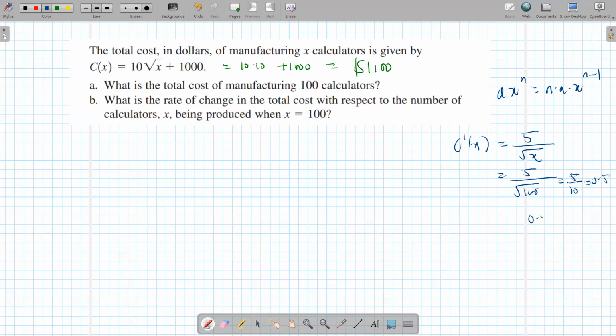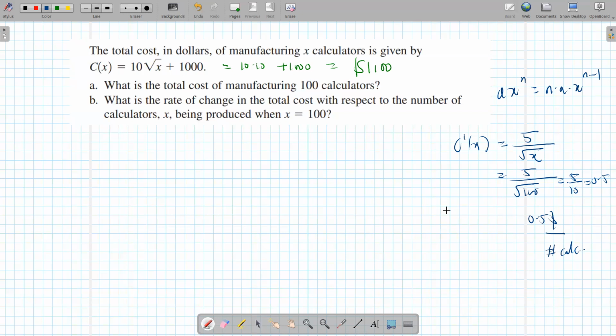So $0.5. Our slope has dollars in the numerator of the unit, and on the denominator we have the number of calculators. So when you're producing 100 calculators, the rate of change is $0.5 per calculator. It's going to cost you $0.5 per calculator when x is 100. So this way is very quick.